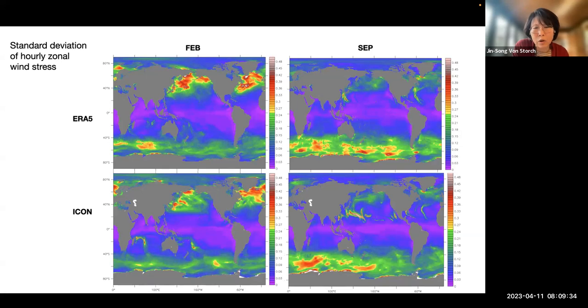You see that the cross feature, stronger variability of wind stress in the winter hemisphere, is clearly reproduced, and we have roughly similar magnitude of variability.